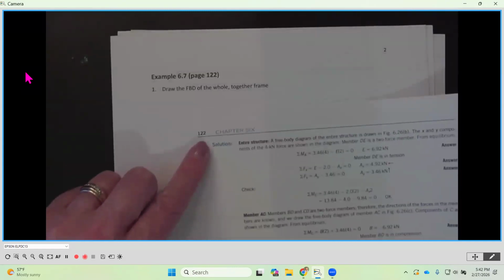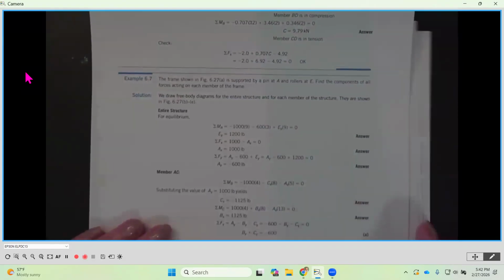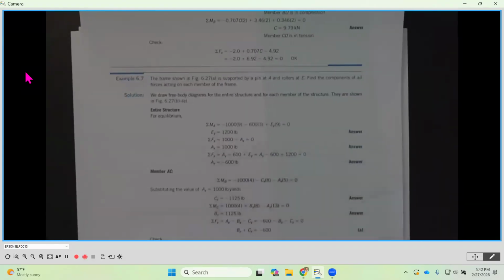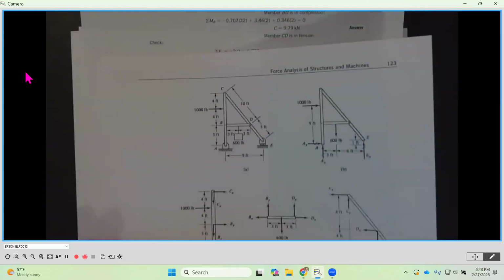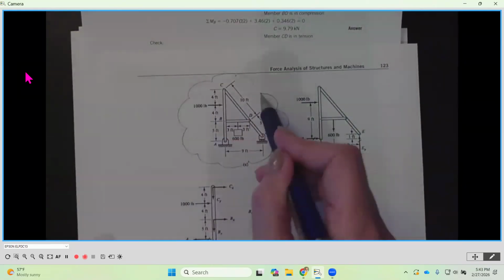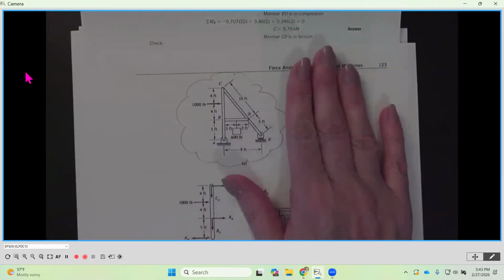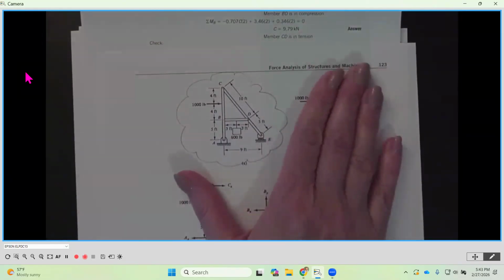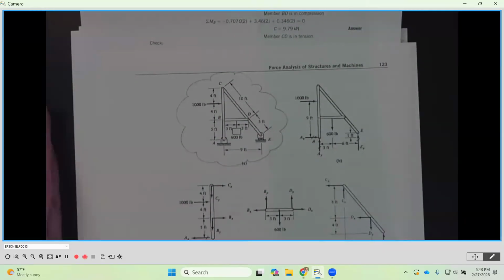On page 122, example 6-7 starts halfway down the page. So we have a frame and it is shown in figure 6-27, which happens to be on the following page. So this is the frame, the overall view of what we're going to be looking at. I'm going to ignore the other views that we see here.